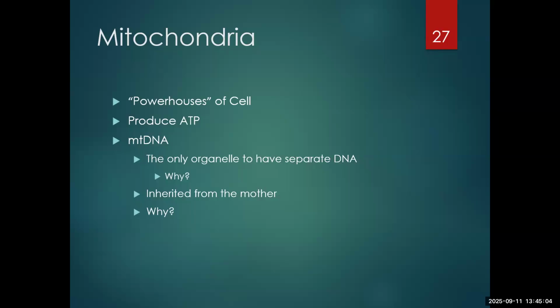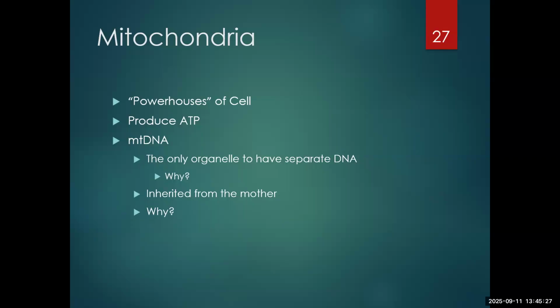They were like hijacked by other cells because of their ability to use oxygen to produce ATP. And so the larger cells that engulfed them became eukaryotic cells. So eukaryotic cells have mitochondria and a nucleus.